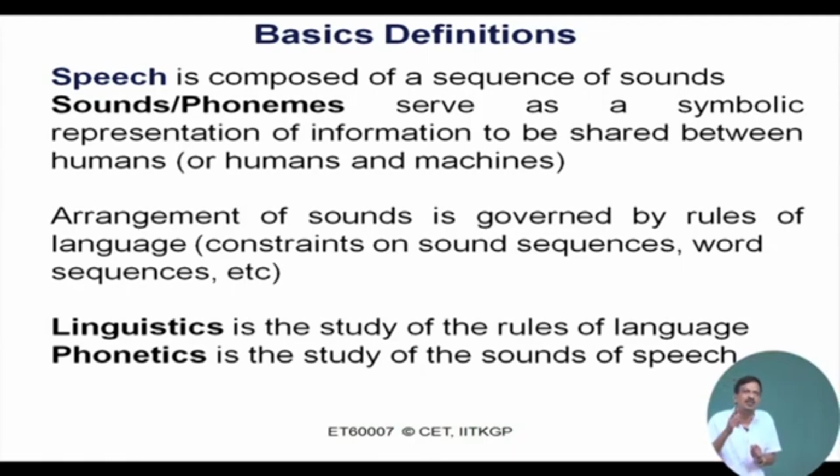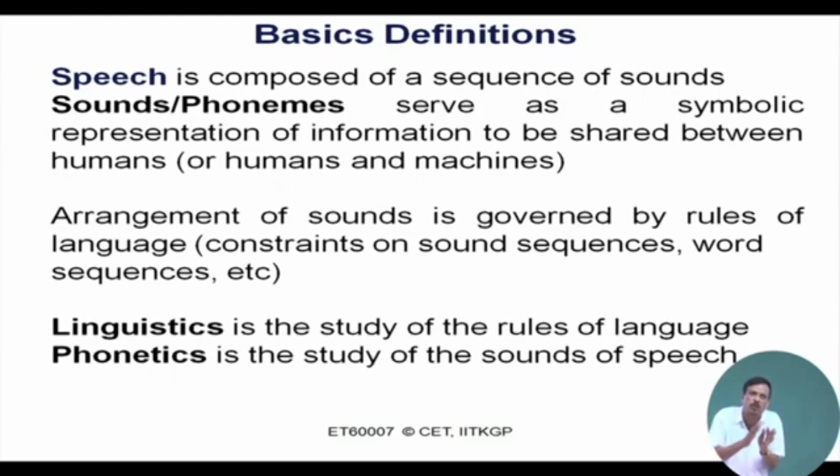Now once I say sound, what is sound? Sounds, or phonemes, serve as a symbolic representation of information to share between human beings. If I want to communicate a message from one human being to another, or from human to machine, or machine to machine, what is required?